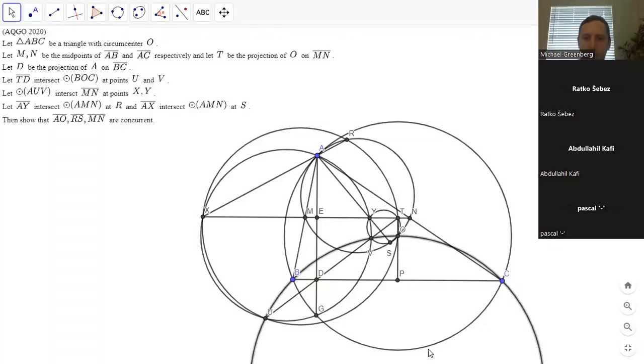all right. So first of all, is it obvious that these are all cyclic? Obviously OTY is 90, but is it obvious that OSY is 90?